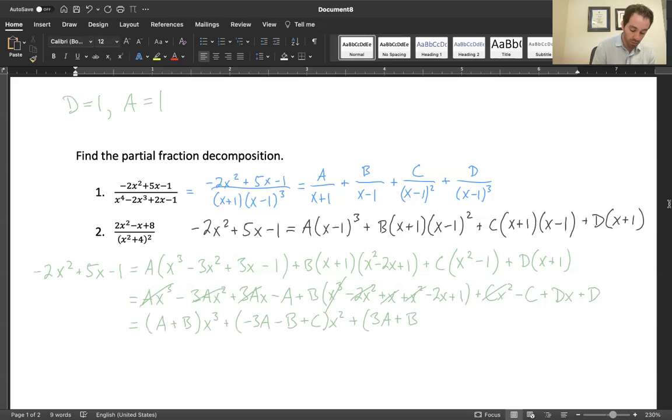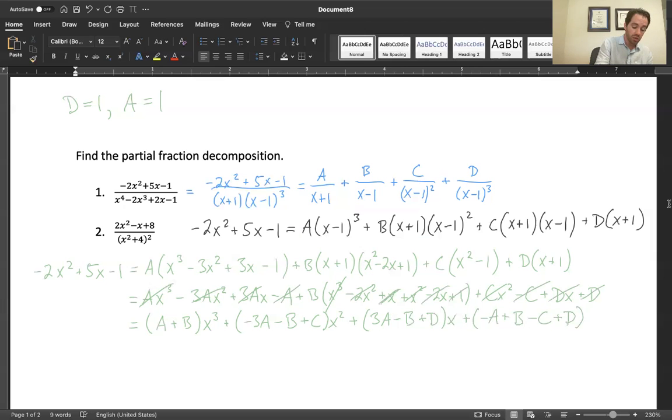Oh, sorry, I should have done more of that. 1 minus 2 is -1, so that's negative b. And then plus d. Those are the x's. We're almost done, don't worry. And then this is negative a plus b minus c plus d. So all of these things must be equal to their corresponding coefficients on the left.